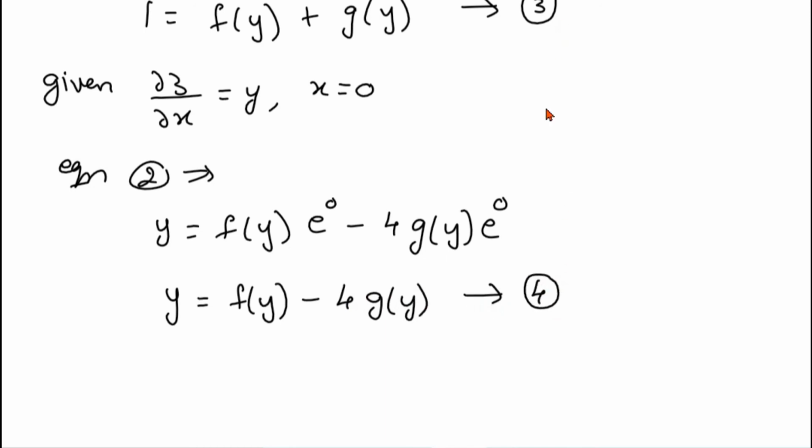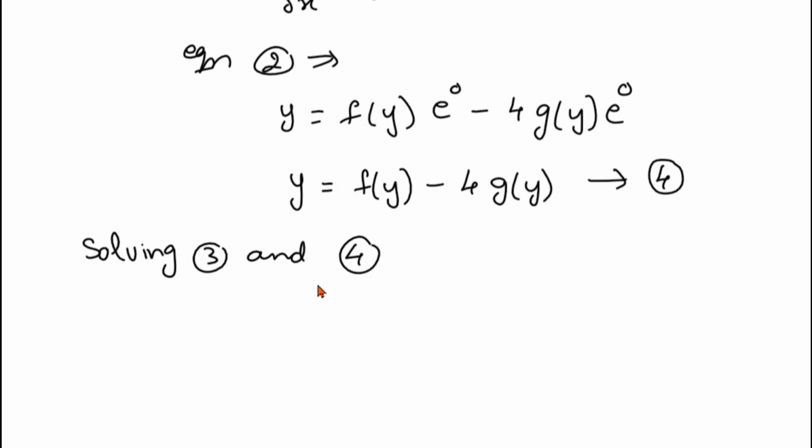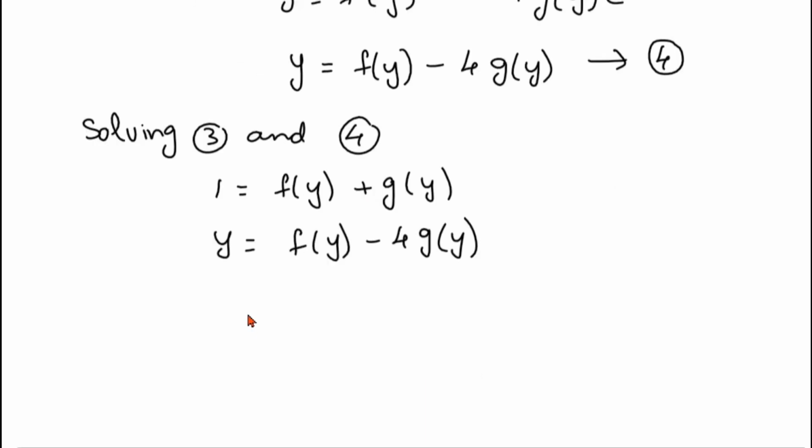So let us try to solve equations 3 and 4. We get 1 is equal to f(y) plus g(y). This is equation number 3. Equation number 4 will be y is equal to f(y) minus 4 times g(y). So just subtract these. This will be minus sign, this is plus over here; this will be minus, this is minus over here, put it as plus.